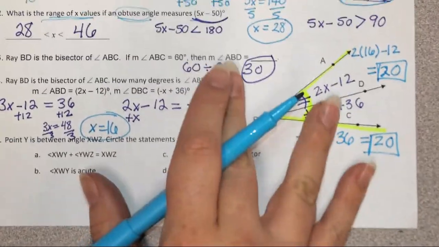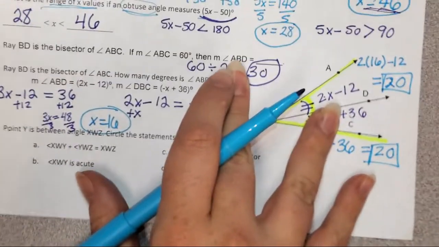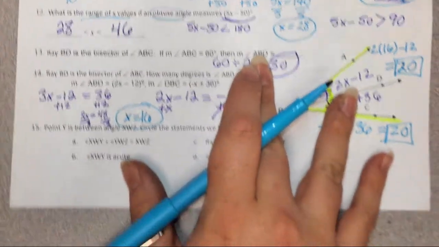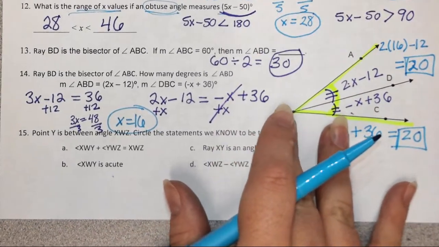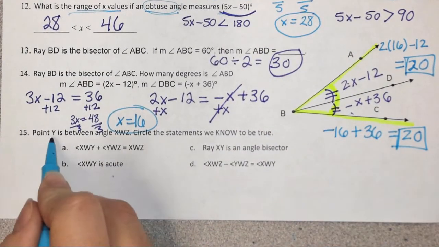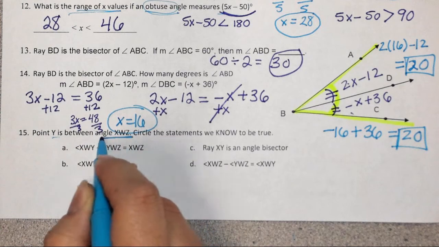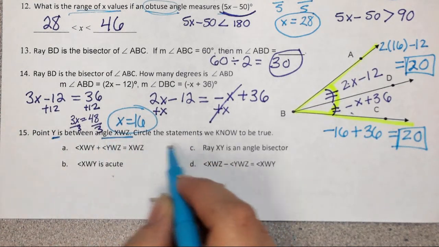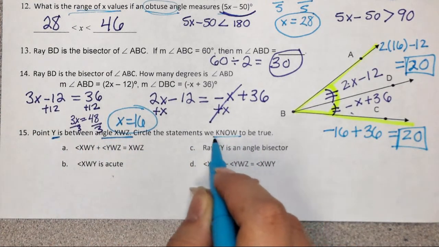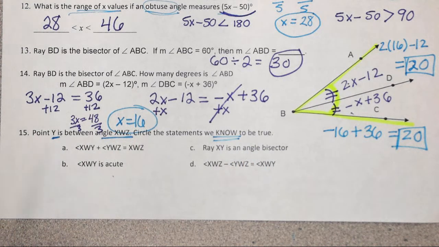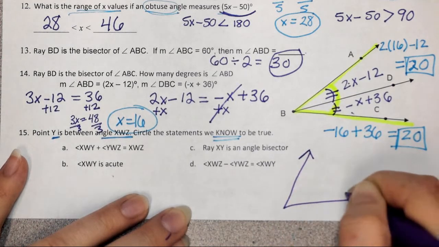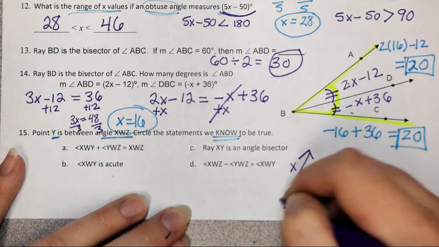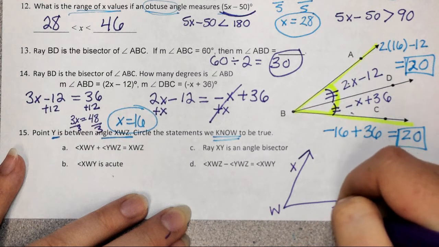Okay, last one. All right. It says point Y is between angle XWZ. Circle the statements we know without a doubt to be true. So if I draw this diagram, here's angle XWZ.